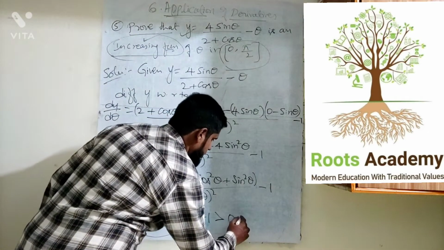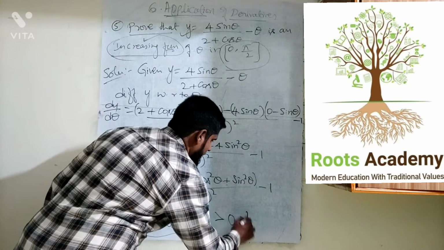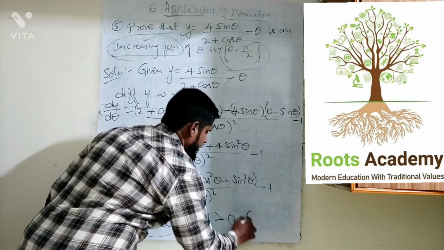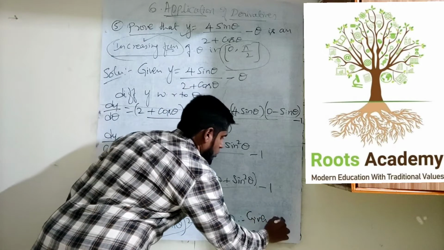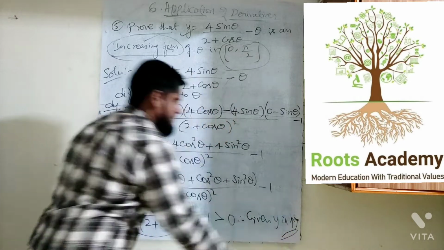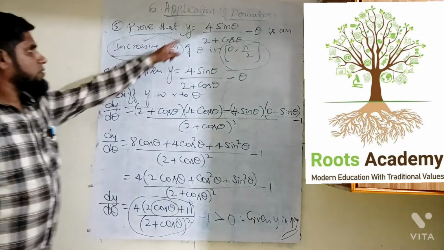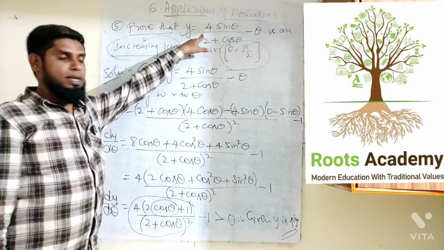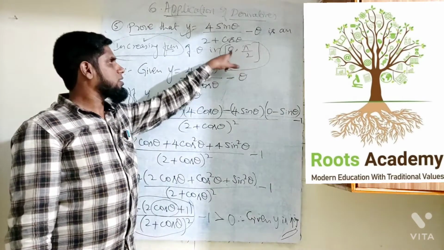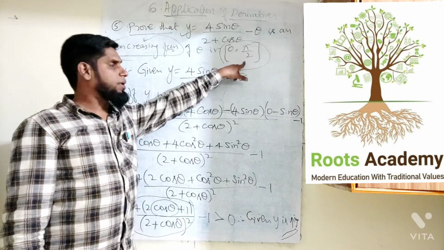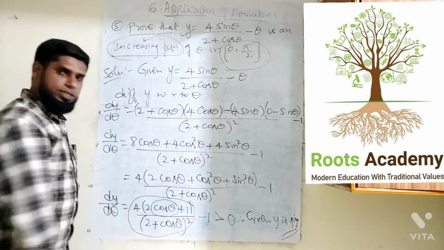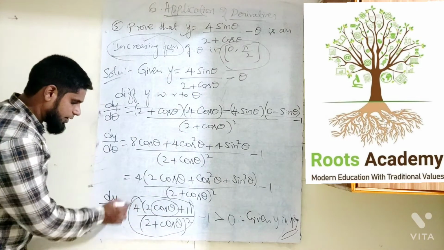Therefore, the given function y is an increasing function in this particular interval, because in this interval all the 6 trigonometric functions are positive, and here everything is a positive quantity because 4 is multiplied here.